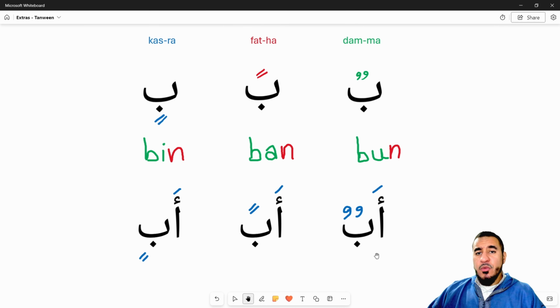The tanween will be on the last letter of a word, okay? Usually, a word will end with a tanween when we want to signify that it is what we call in grammar, nakira, meaning indefinite, to make it different from something which is specific, okay? But don't worry about that right now, okay? At the moment, all we want to do is ensure that we know how to read and pronounce the tanween.